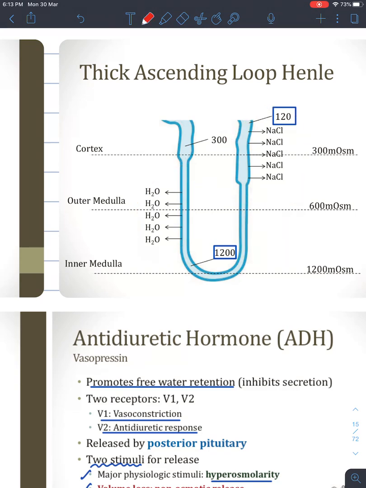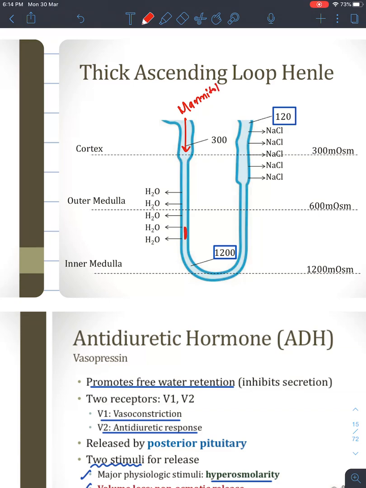Now consider we are giving mannitol to this patient. So mannitol comes over here by filtration. It comes over here.